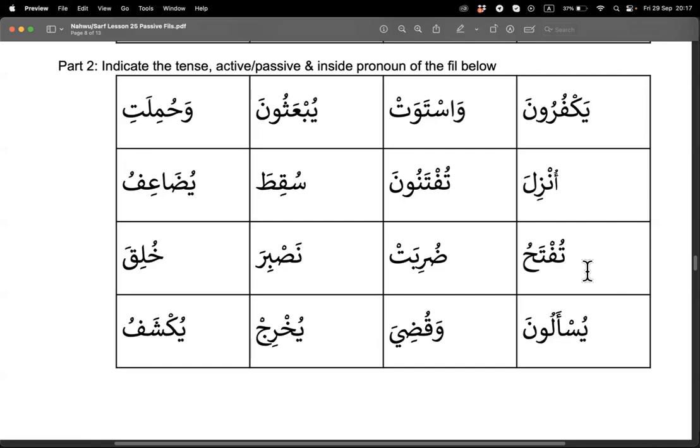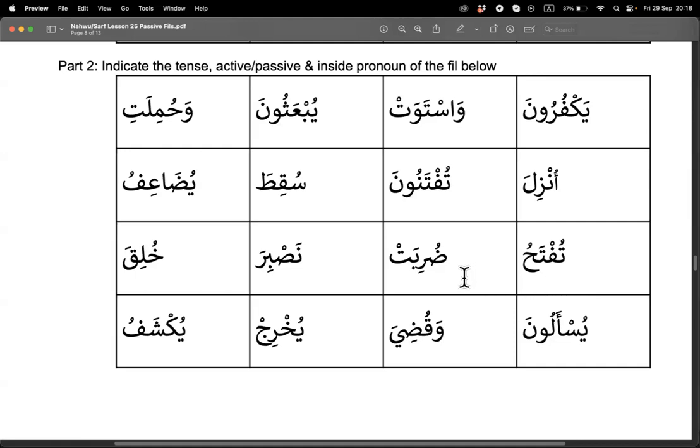Next one, tuftahu. This one is fi'il mudari. And then the short one will be majhul. Good. And then the naibul fa'il will be anta, or hiya. Yes, anta or hiya.